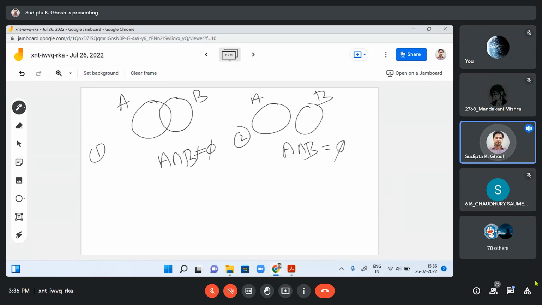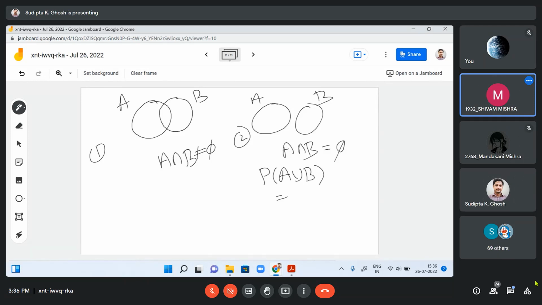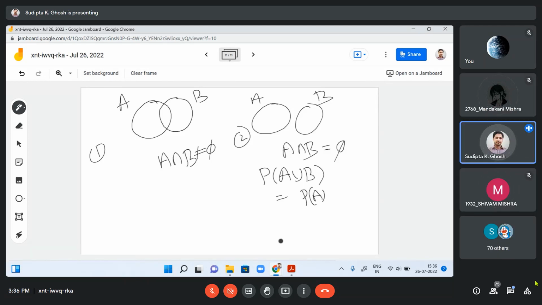So whenever A intersection B is equal to phi, what is this formula? By axiom number 3, that is probability of A plus B, which is probability of A plus probability of B. Now I am asking everyone, whenever I am dealing with this picture, is the same thing going to happen here also?